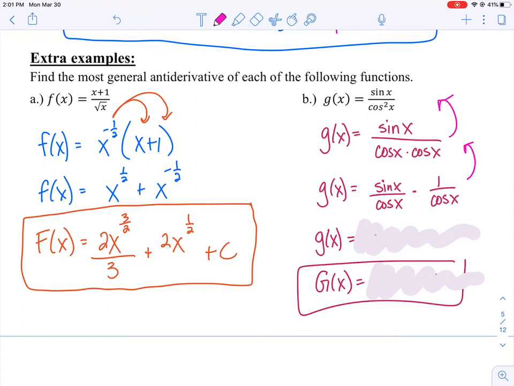I haven't changed my problem at all. I've just rewritten him legally into different pieces. So now how does that help? Well, isn't sine over cosine the same thing as tangent? And isn't 1 over cosine the same thing as secant? And so now I have secant x tangent x.